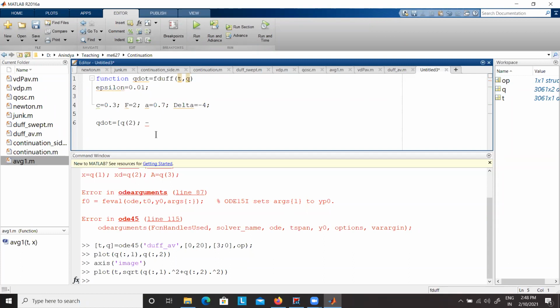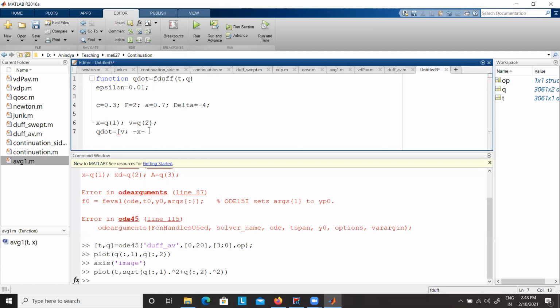Then I will say minus, wait, let me do this. x equals q1, v equals q2. I hope you don't mind. This will simplify things. Over here, I'll write v. Then over here, I'll write minus x, right? Because I'm doing it in original time.